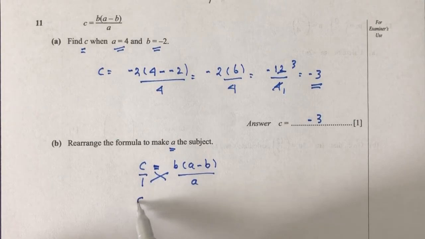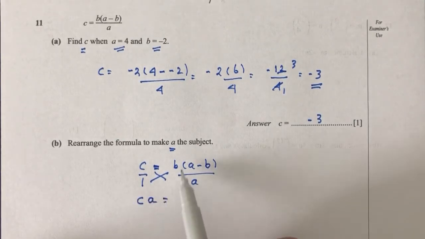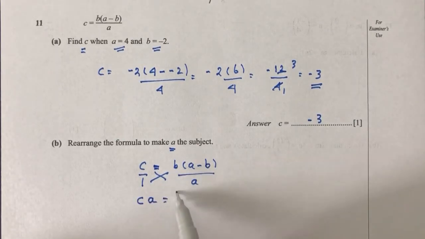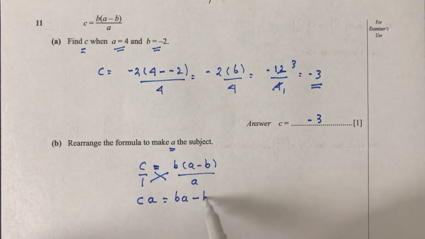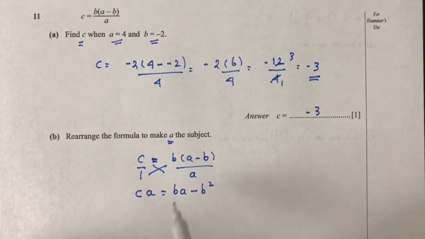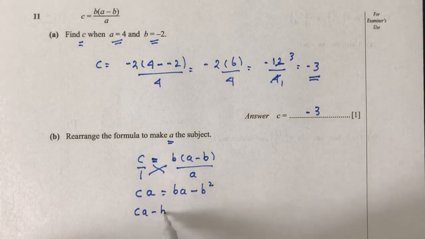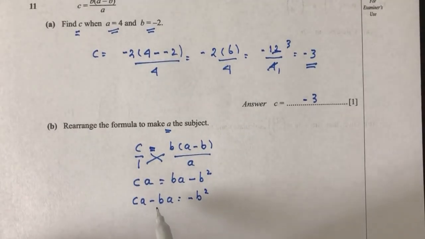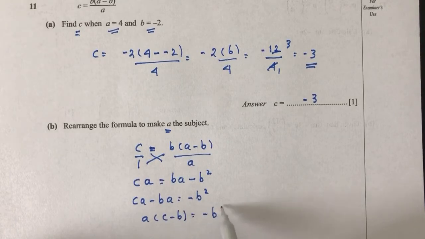So C times A will be CA equal to, we expand the bracket, we have BA minus B squared. So now let's group the A's together. So here we have CA minus BA equal to minus B squared. So let's factorize the A outside. We have A times C minus B equal to minus B squared.